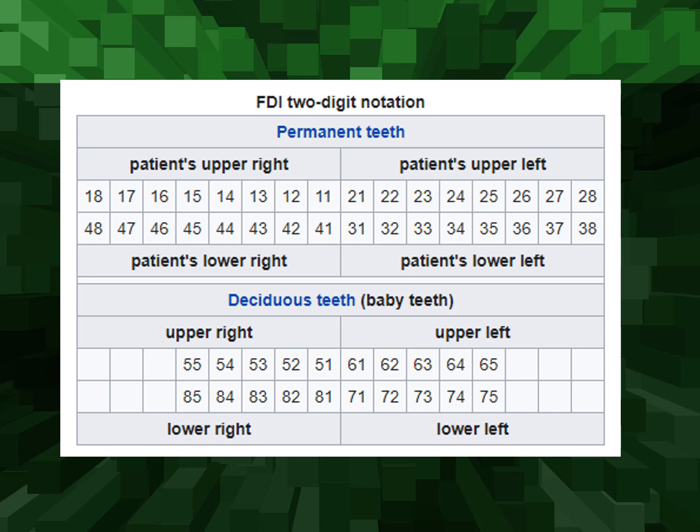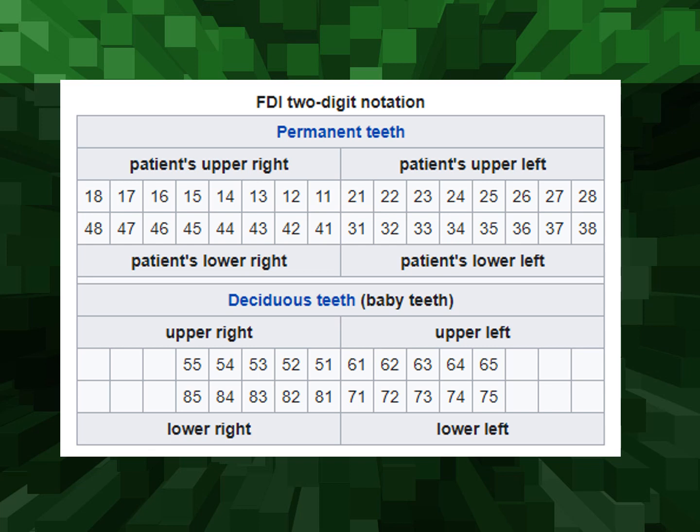But what about numbering with the FDI two-digit notation system for deciduous teeth or baby teeth? Quadrant numbers come next after permanent teeth. Once again, in permanent teeth, quadrant numbers are 1, 2, 3, 4, but for temporary teeth they are 5, 6, 7, 8.